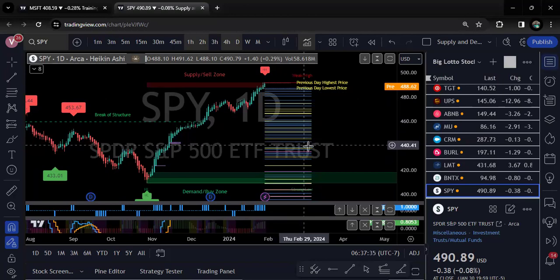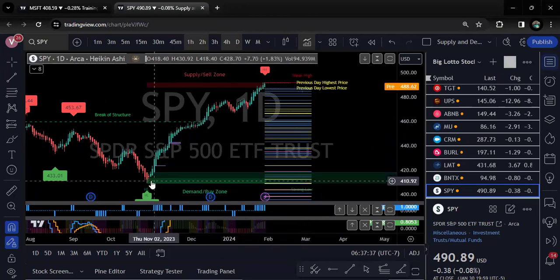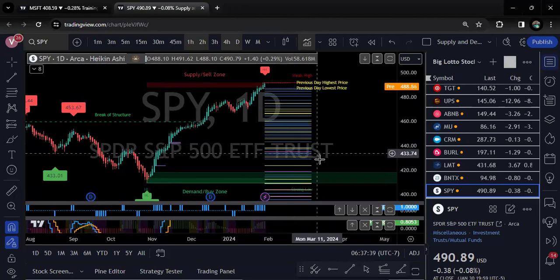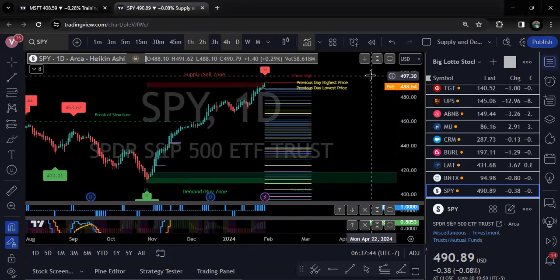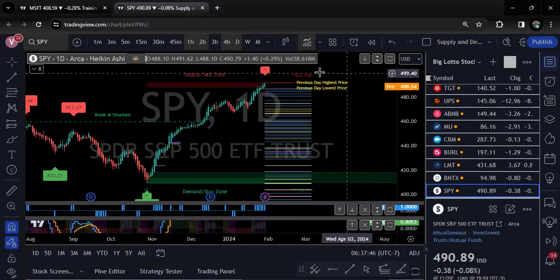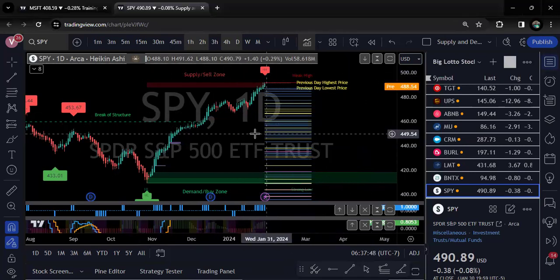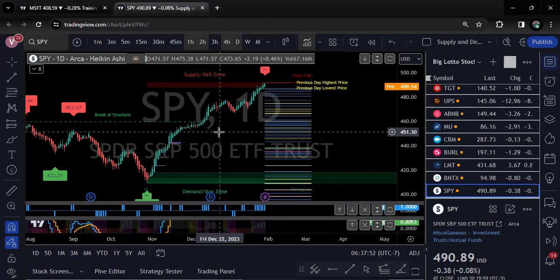Then we continue. If it's possible in the 2 months, we go back to 408, we'll see. If not, then we'll create a higher low and we start going back up. Okay, so please start preparing, especially for those stocks that have been bullish. Tech stocks, semiconductor stocks, they're the main ones that have been bullish.